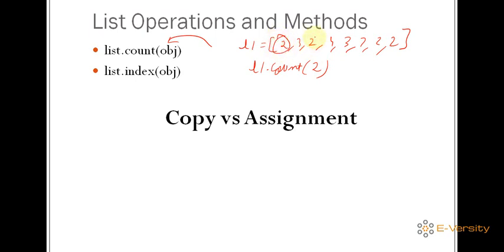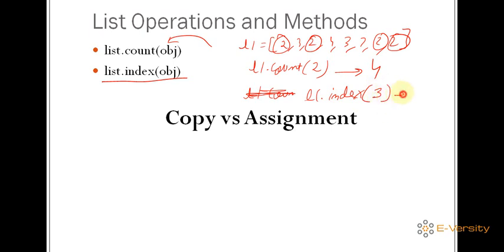We can count 1 2 3 4, so it returns 4. And for list index object, if you pass 2, it returns the first index. So if I write L1 dot index and pass the object 3, it returns 1.